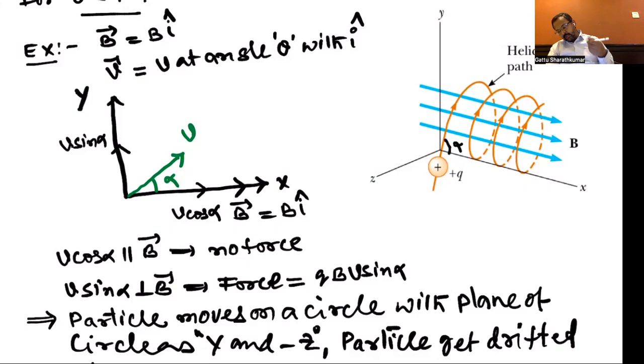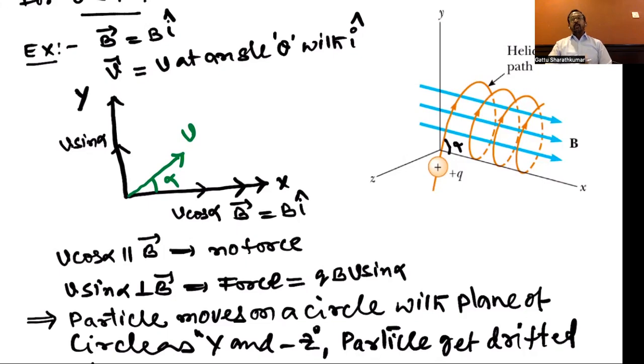Whereas the particle is even moving along the x-axis, parallel to B bar, due to V cos alpha. It is not going to move in a circular path in one place only, but it will move on a circular path as well as drift along B bar. You are able to understand? Such a path is what we call a helical path. On the right hand side of the screen, you can see that helical path.